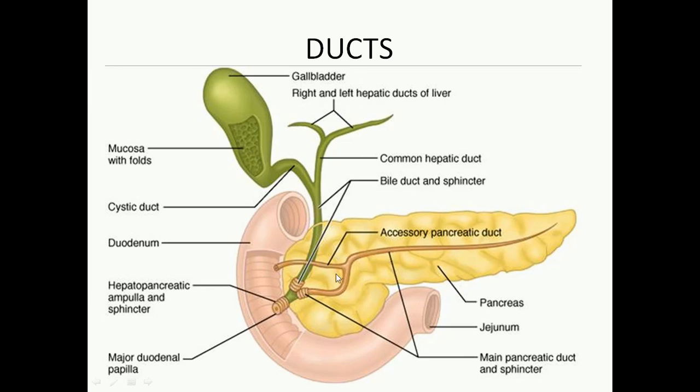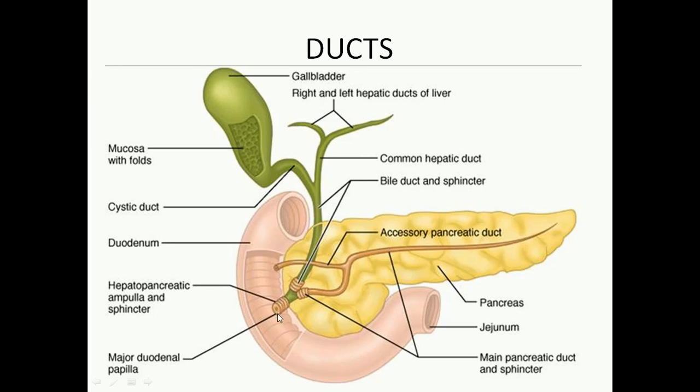See, this orange structure is the major pancreatic duct. The major pancreatic duct and the bile duct open together in the major duodenal papilla, otherwise called the ampulla of Vater. The ampulla of Vater is not new to you because we have already studied it in the second part of the duodenum. In the second part of the duodenum, you have two openings called the major duodenal papilla and the minor duodenal papilla.